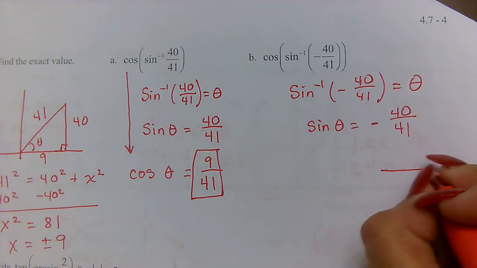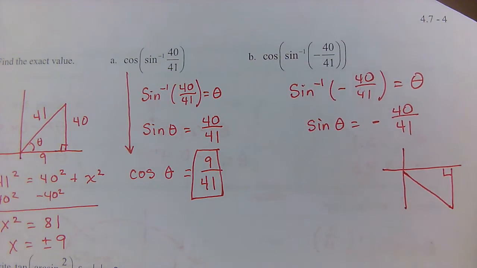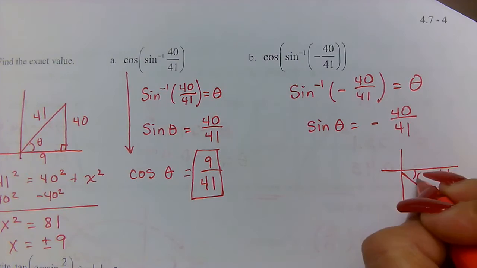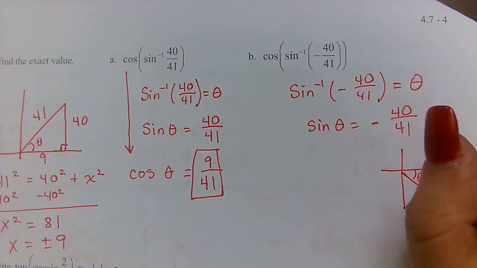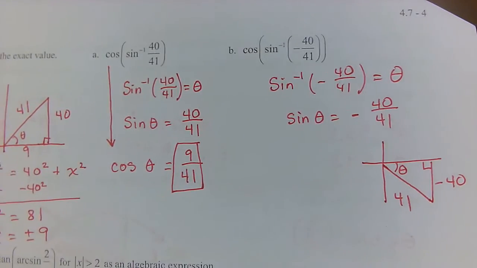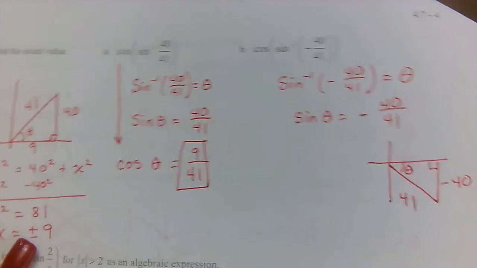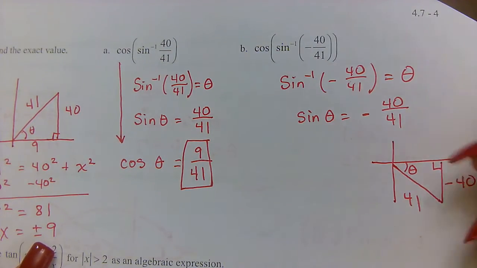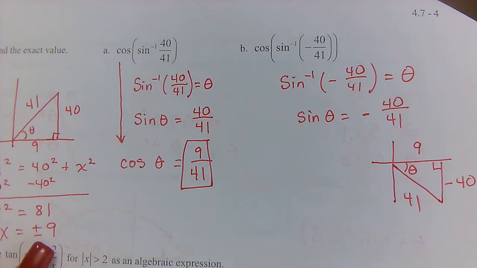So I'm going to go ahead and draw my triangle in quadrant 4. Okay, here's my theta, opposite negative 40, hypotenuse 41. The math will be the same as we have over here. So x is going to be positive or negative 9. But since we're in quadrant 4, x is going to be positive 9.